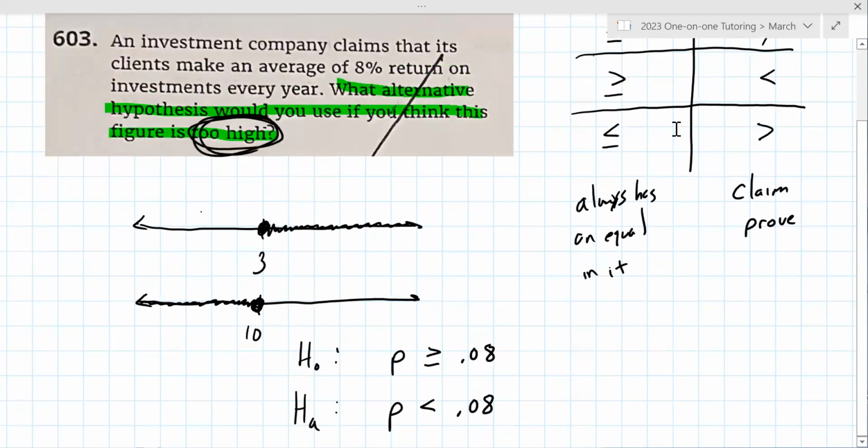And that's based on this right here. Okay. All right, so let me see if I can find some more problems like that, because it really is a big deal to be able to just write the null and alternative hypothesis.